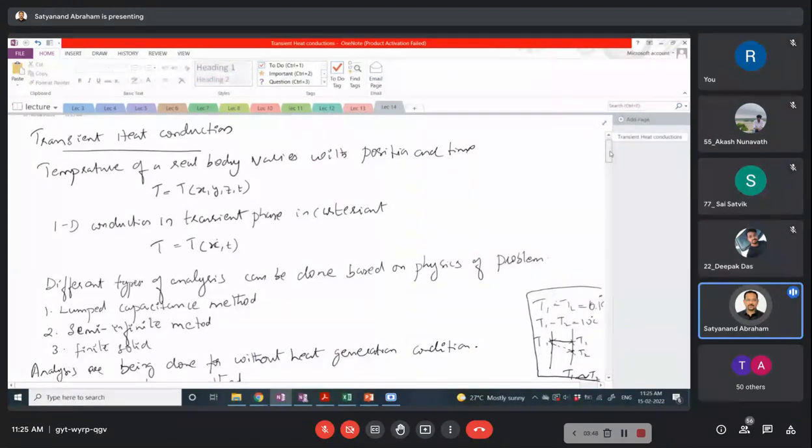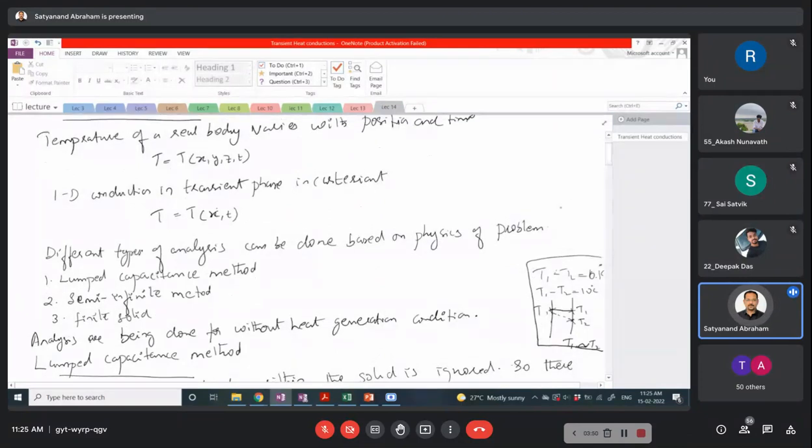So whatever calculations or derivations we are going to do are for the Cartesian system. But we can extend whatever we are doing to the other systems like the cylindrical as well as the spherical systems also. Okay, because the derivations are going to be a bit involved, so it is easy for us to understand from a Cartesian system point of view, but we can extend it to the other systems also.